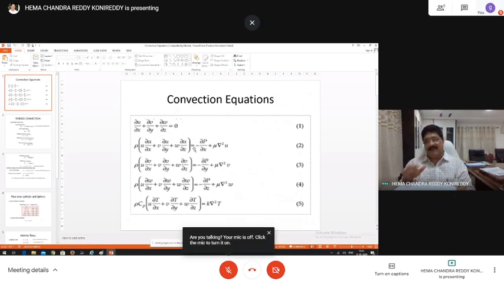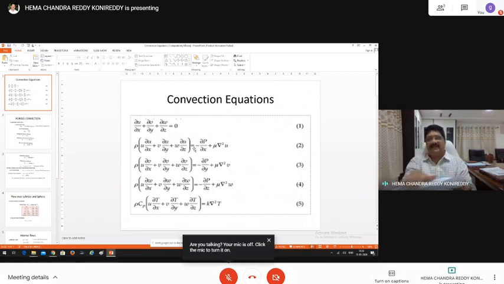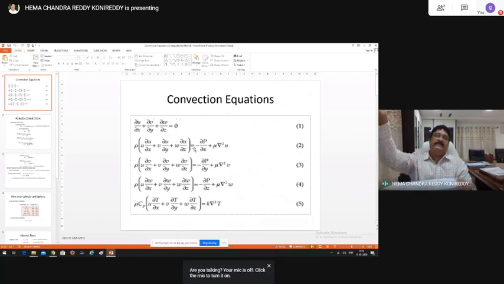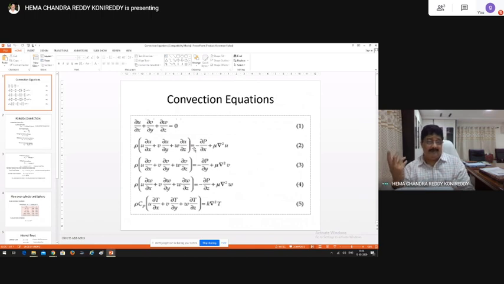So this is convenient. When it is a colder surface, air is at 80 degrees centigrade, plate is at 40 degrees centigrade. 80 degrees centigrade air comes here, it becomes cooler because heat transfer takes place, and it becomes 40. So in an environment of 80 degrees centigrade air molecules, a 40 degrees centigrade air molecule is heavier because it lost its temperature, and therefore it tries to settle down on the plate.